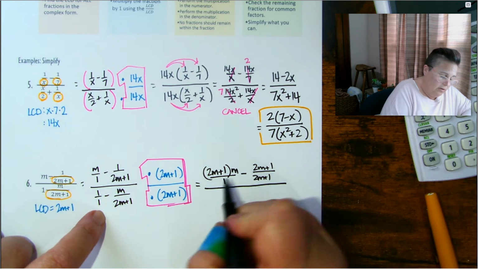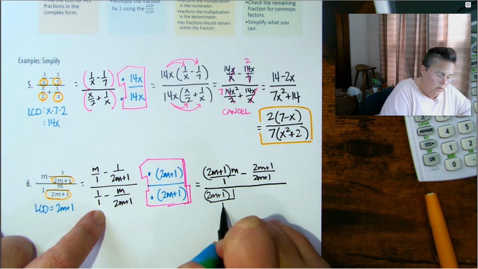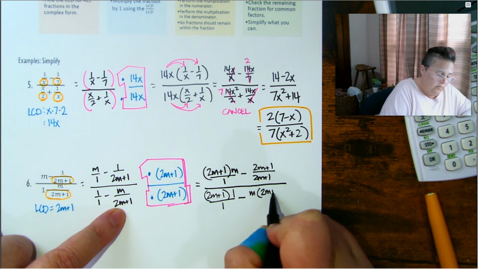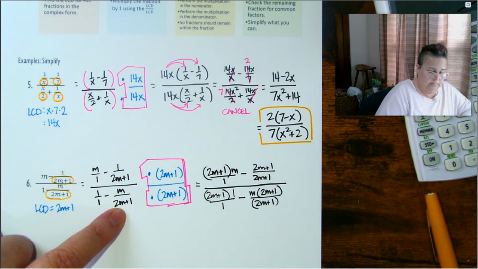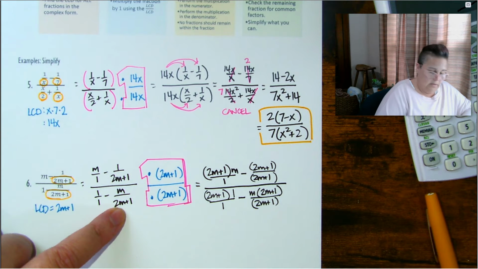In my denominator, I'll have a 2m plus 1 times 1 over 1 minus m times 2m plus 1 over 2m plus 1. I could put these guys in parentheses if I wanted. Now, when I go ahead and cancel what I can, on this guy, nothing will cancel. On the first one here, that's just going to be 2m plus 1 times m.